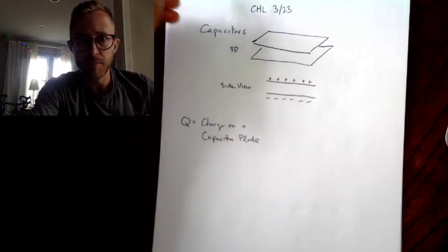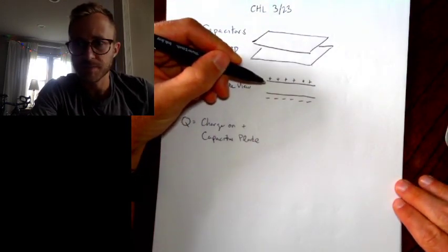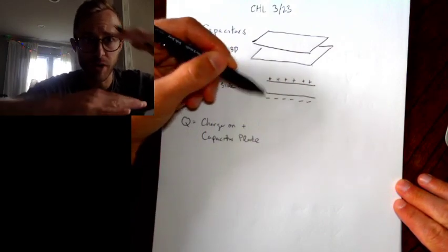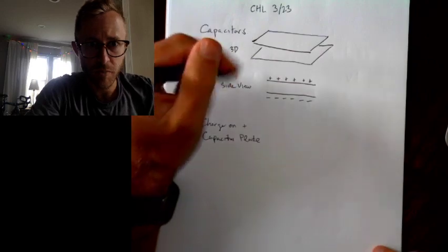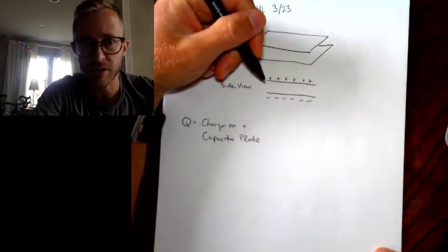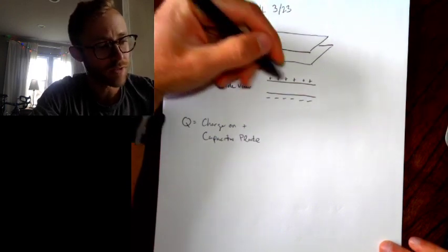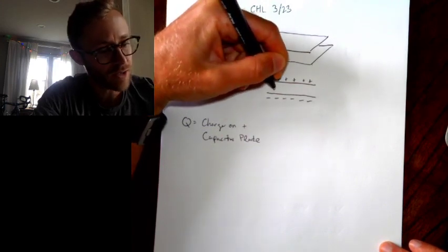Now, these two capacitor plates obviously have opposite charges, so they want to attract each other. So there's some sort of an insulator that is mechanically separating these two capacitor plates. And the thing that is separating the capacitor plates is called a dielectric.